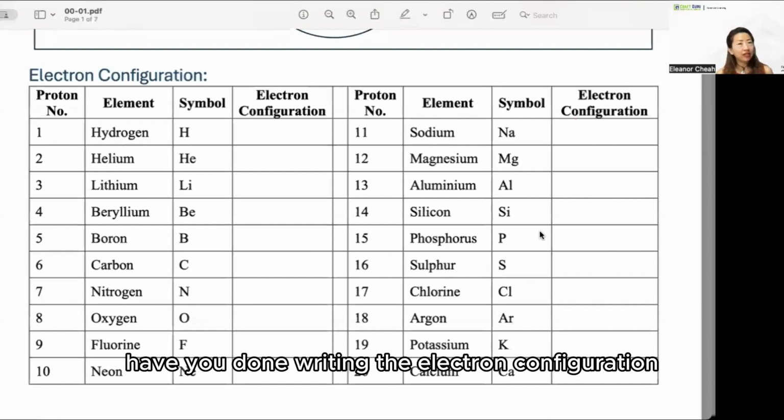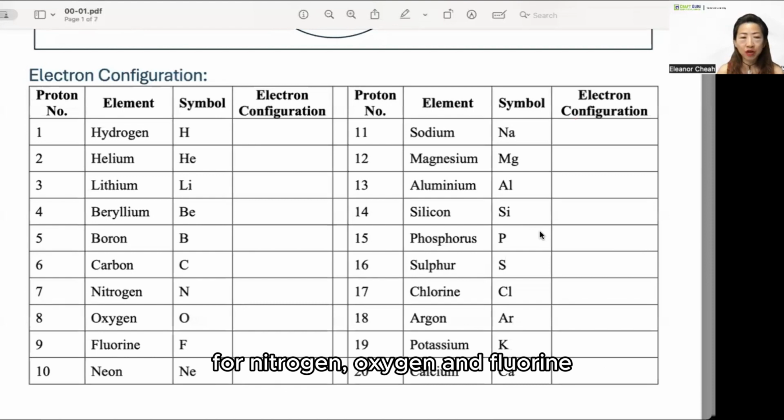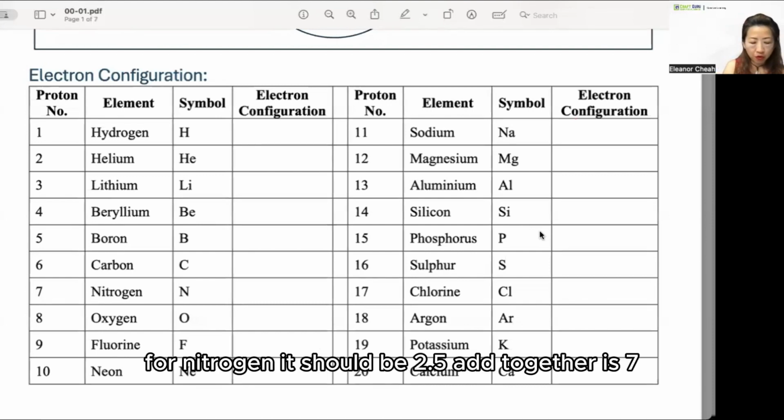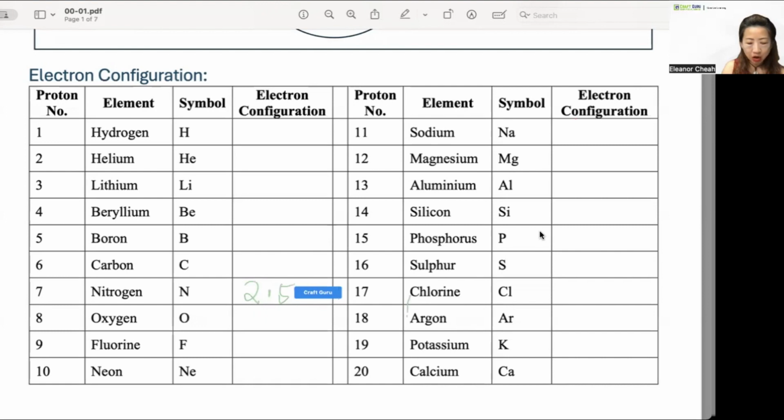You can pause the video and guess how to write for these 3 elements. Have you done writing the electron configuration for nitrogen, oxygen, and fluorine? Let's see. For nitrogen, it should be 2.5. Added together is 7. Oxygen 2.6. Fluorine 2.7.